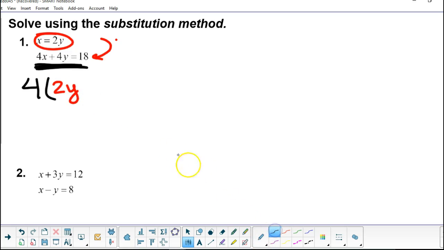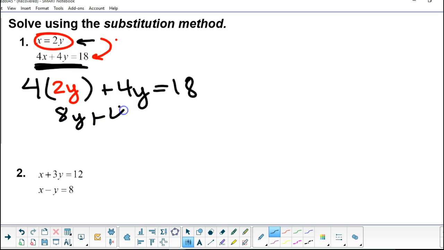We know that because we read the rule in our first equation right here. So we've got 4 times 2y plus 4y is equal to 18. As we start multiplying that out, that's going to give us 8y plus 4y equals 18.